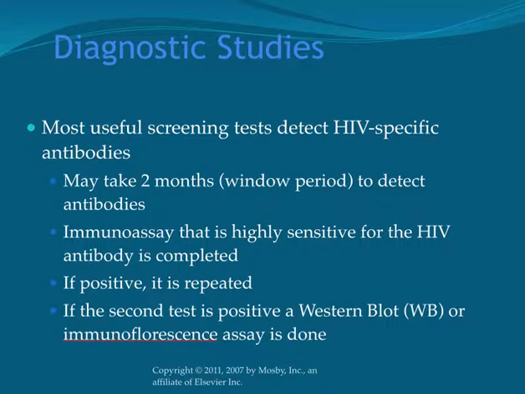This is an important advantage because many people don't return to get their test results when we use other testing methods, for example, the Western blot, that sort of thing. And that's why we do the rapid HIV and then we confirm it. We repeat it a second time to make sure it's not a false positive.